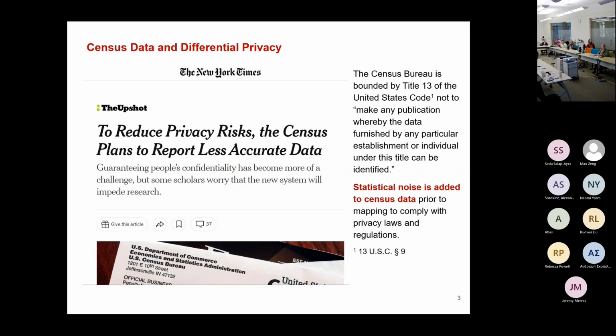As a result, to comply with this privacy law, the Census Bureau has been taking a lot of actions and practices to protect individual privacy in census data. And in the 2020 United States Census, the Census Bureau used a privacy protection technique called differential privacy, which adds statistical noise to the census data before it is published and mapped.